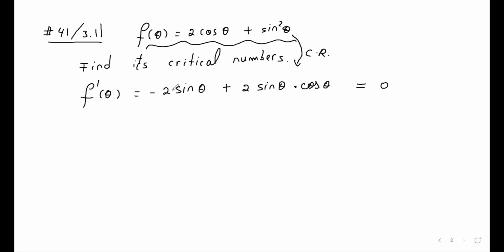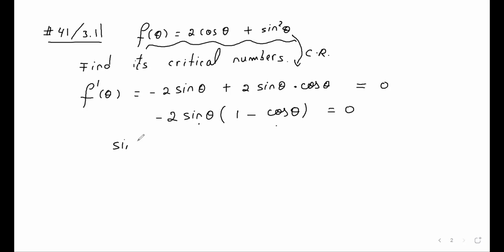And to set this equal to 0, again, you will have no chances if you can't factor, but luckily we could factor here. So let's factor negative 2 sine theta. And then we're going to get 1 minus cosine theta here. And that should be equal to 0. So f prime is 0 when one of these two is 0, right?